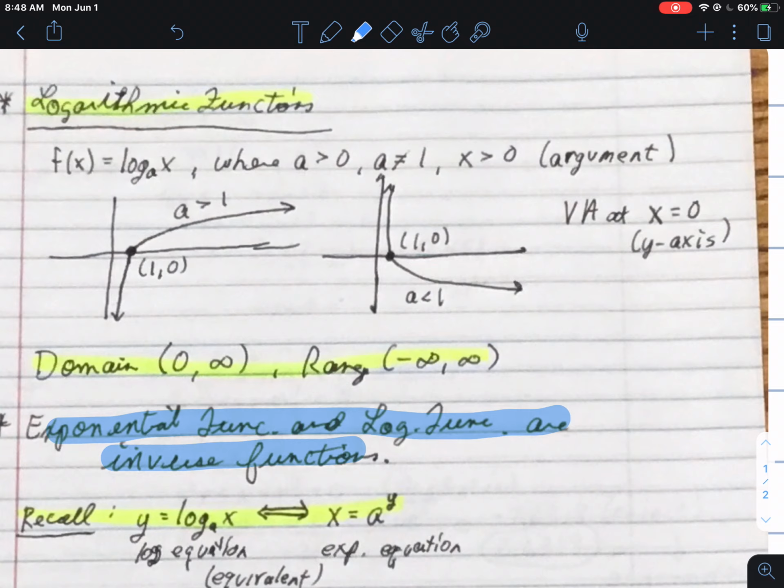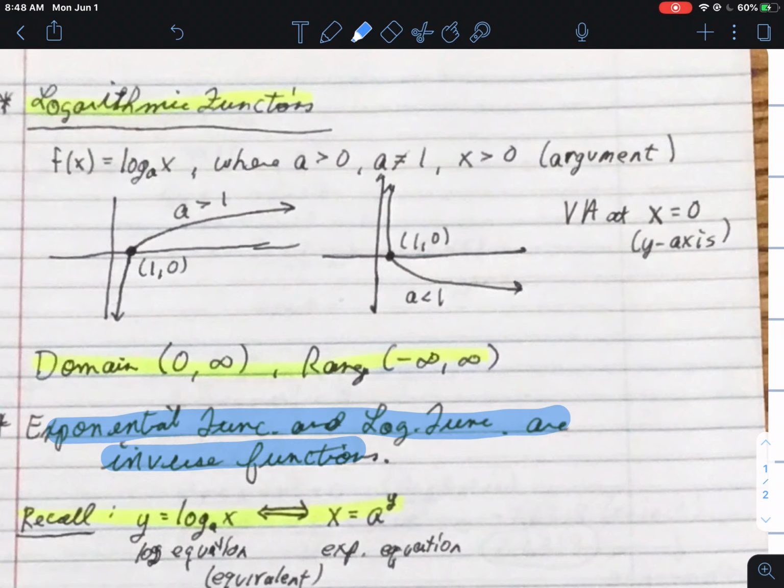Well, that's what exponential and log functions are, and that's really where log functions come from. It comes from the idea that an exponential function has an inverse function. What is the inverse function of the exponential function? And that's where the log functions actually came from. They came from trying to define the inverse of an exponential function.